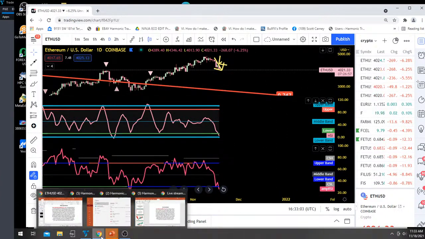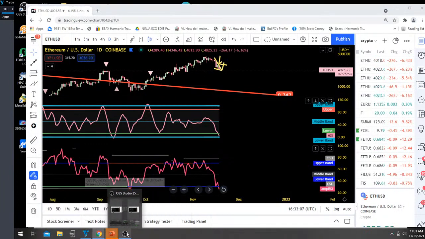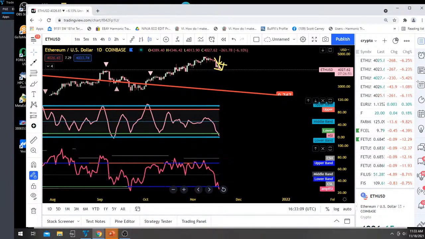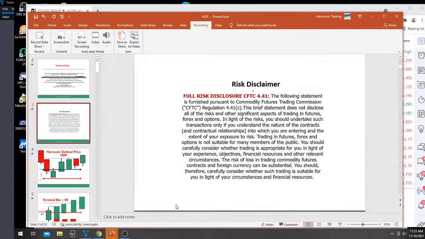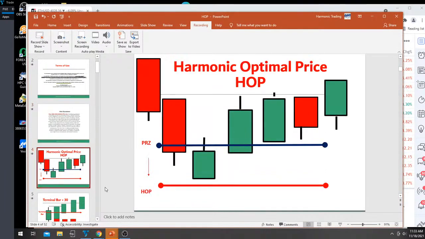Now, really quick, today, I just wanted to run through a brief kind of tutorial showing people how to look at the hop. And we will come back on Monday and see how Bitcoin plays out. But I just want to kind of ingrain the concept here where you're not surprised to see price action overshoot PRZs.